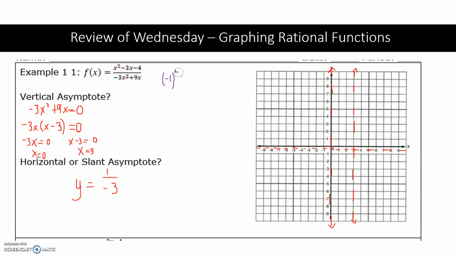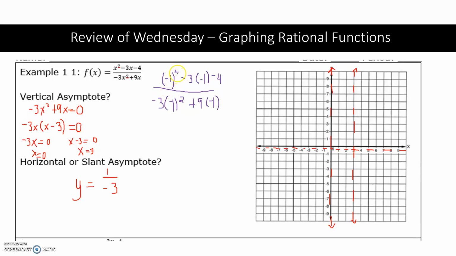squared minus 3 times negative 1 minus 4, divided by negative 3 times negative 1 squared plus 9 times negative 1.